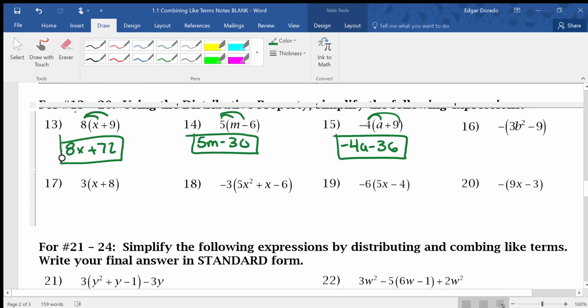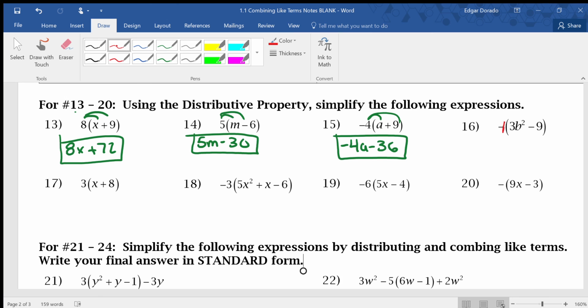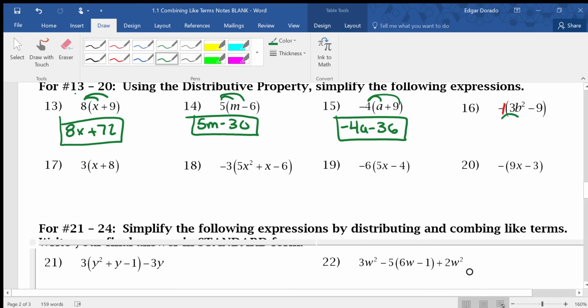And here is a little bit different. But remember, guys, whenever we have something like this, we have a negative in front of there. So if I'm actually distributing, sorry about that, guys, I'm actually distributing this negative 1 to both of those terms.